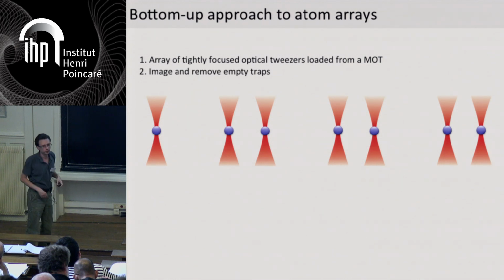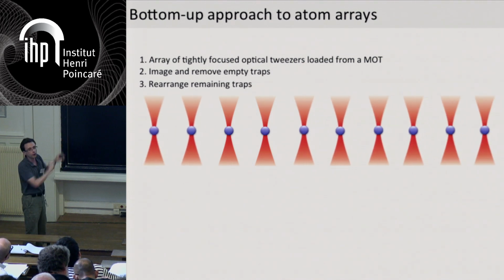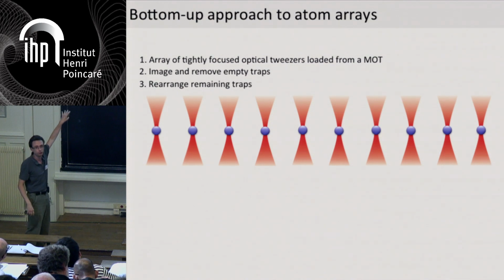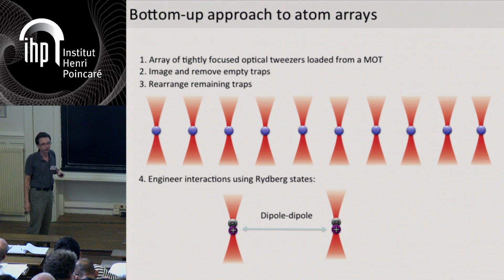Remember, it's a stochastic process. But because we can image them, we can know which trap is empty, turn it off, and then rearrange the other traps to create a defect-free array of single atoms before turning on interactions in the form of Rydberg dipole interactions, as described by Jean-Michel before.